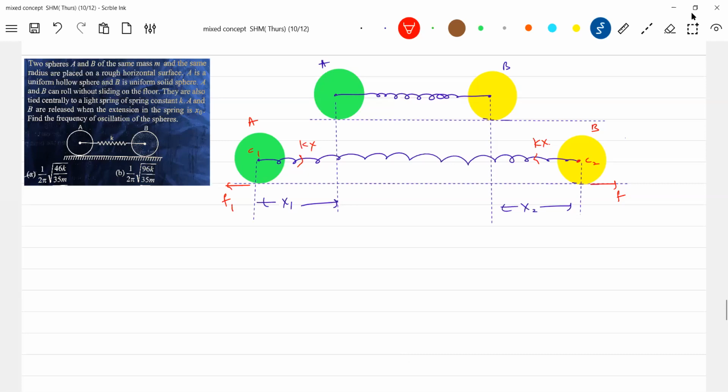It must be different, no? Rolling friction depends upon the moment of inertia also. So this will accelerate the center of mass. So this will be a2, this will be alpha 2, and this will be alpha 1. What is the elongation? So x should be equal to x1 plus x2. We know the total elongation, and according to the center of mass concept, m1 x1 equals m2 x2.